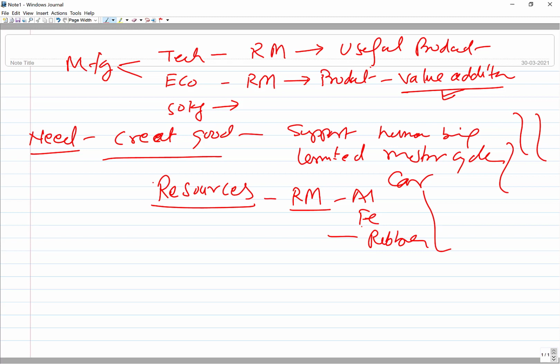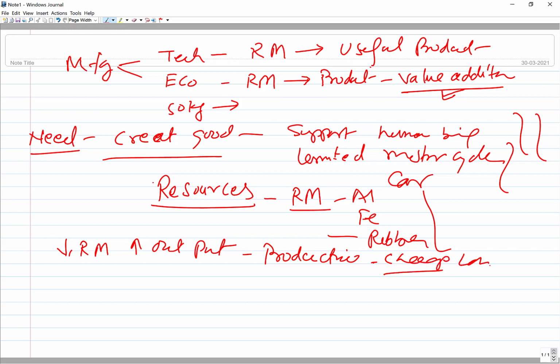All this is done in such a way that with the minimum raw material, you are able to get more and more output, so that the entire process is productive and low cost, so that it is within the reach of the masses. That's what is being done.